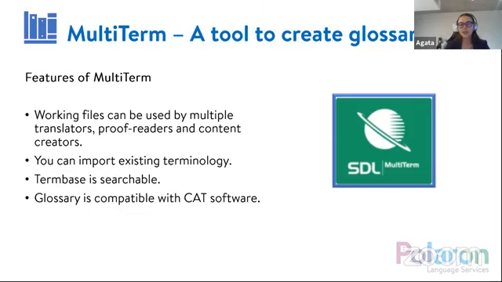Fortunately, a term base in Multiterm is searchable, so you can easily navigate through the resources. And as I already mentioned, a glossary can be used by CAT software, so you can automatically apply, edit, or add terminology in one environment. The Active Term Recognition tool will identify the glossary terms and give you suggestions. So that's about the theory, and Mari will now show you what it looks like in practice.